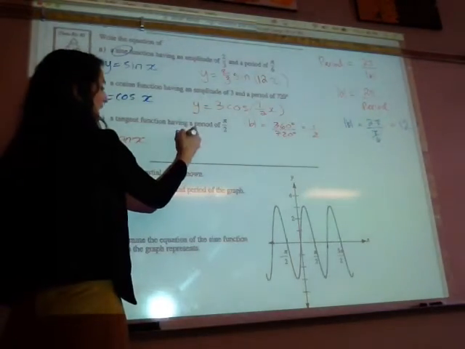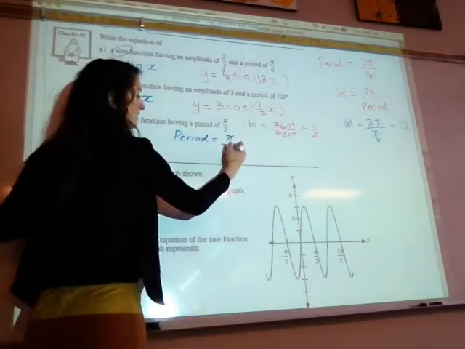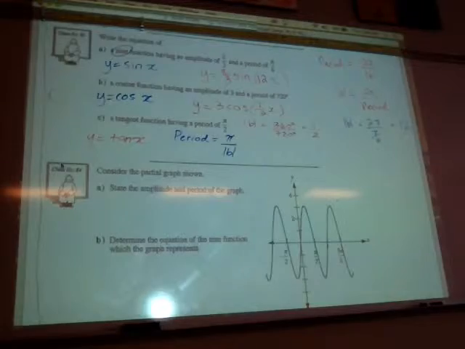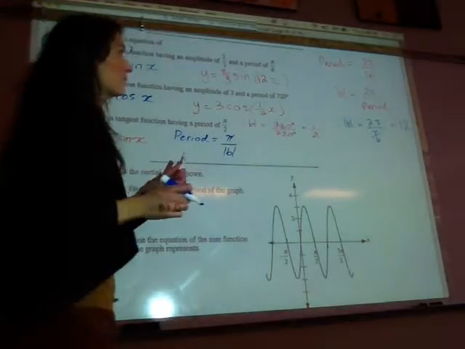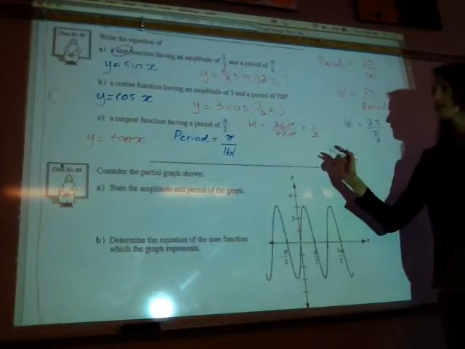Okay, for tan, the period is equal to 180 divided by b, because the period is only 180 degrees, whereas cosine and sine have a period of 2 pi. So our calculation is slightly different.